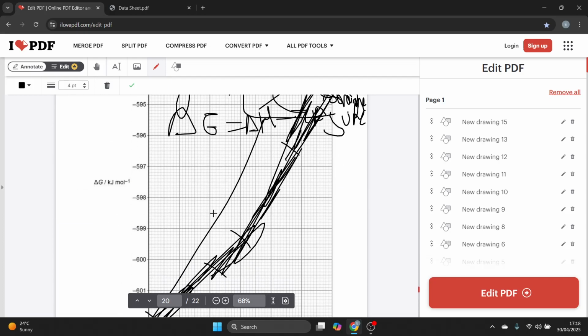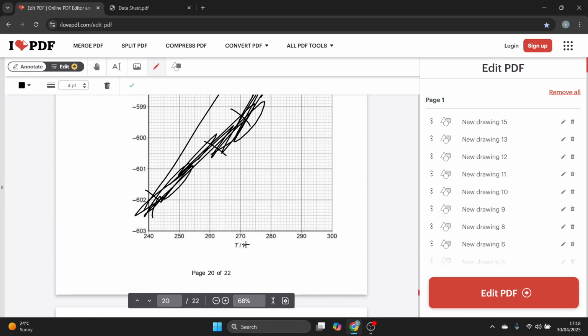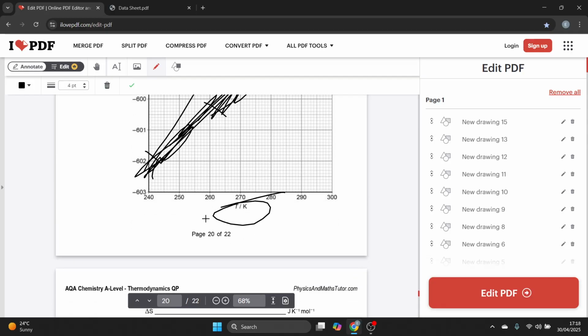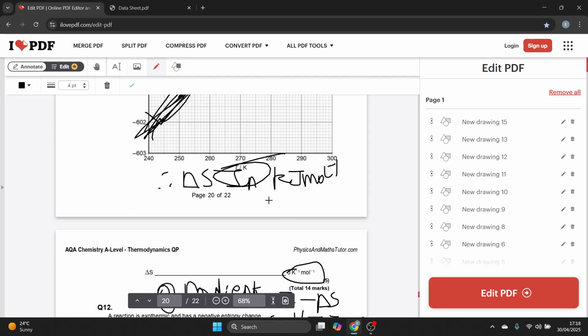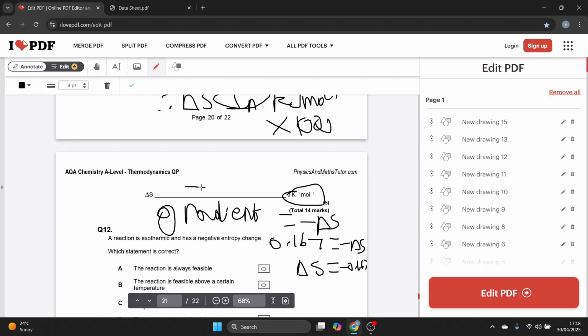But if I'm using this with kilojoules per Kelvin, I'm therefore going to get delta S in kilojoules per Kelvin. But that's not what I want. I want delta S in joules per Kelvin. So therefore I have to multiply the gradient by 1000: minus 167 joules per Kelvin.